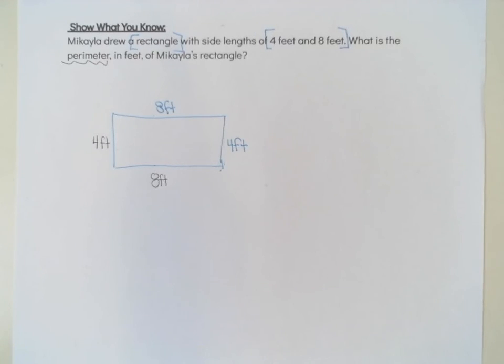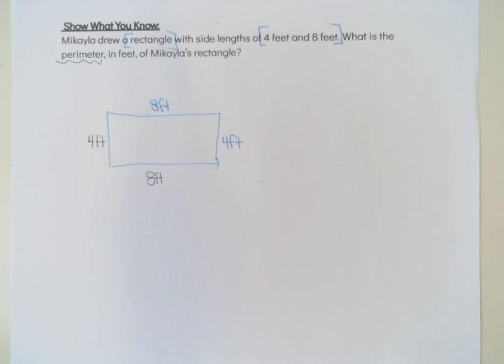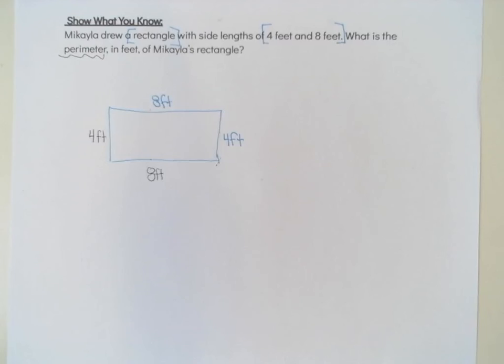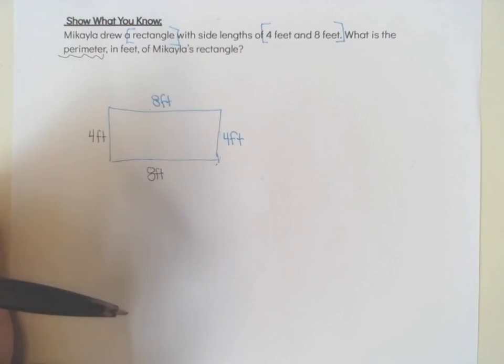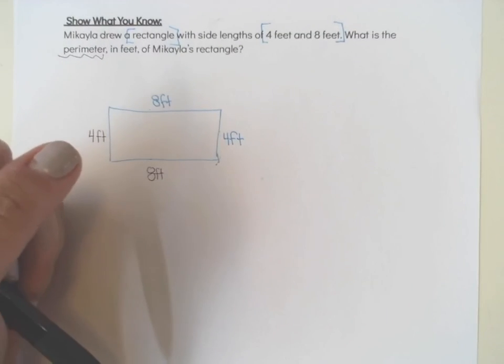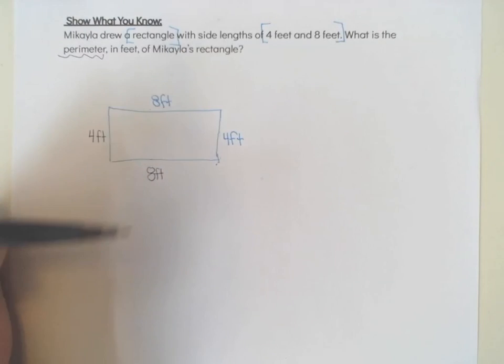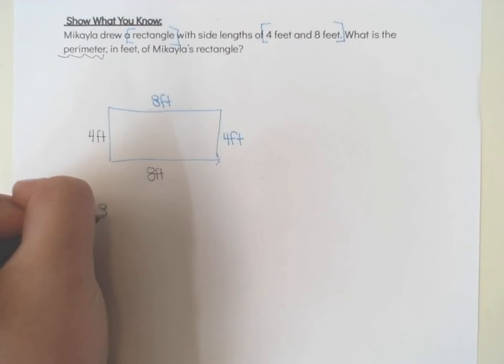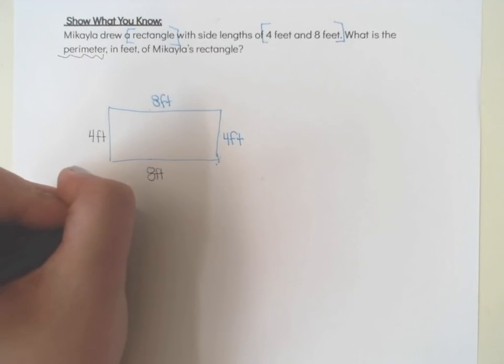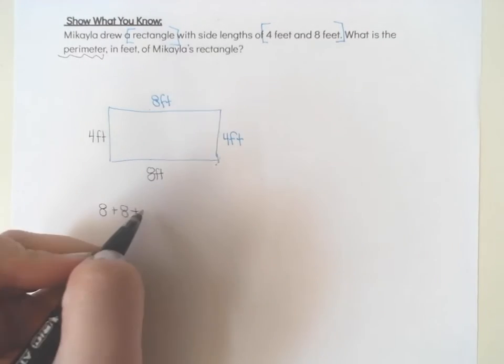All right, guys, welcome back. So if you paused the video, great job. I love how hard you guys are working on this. This is our last problem. So if you were solving for the perimeter, you would use one of the two strategies that we have shown you thus far in the video. You could add 8 plus 8 plus 4 plus 4.